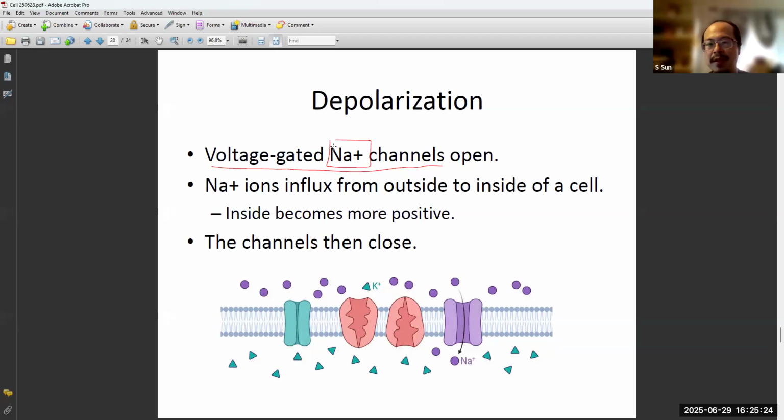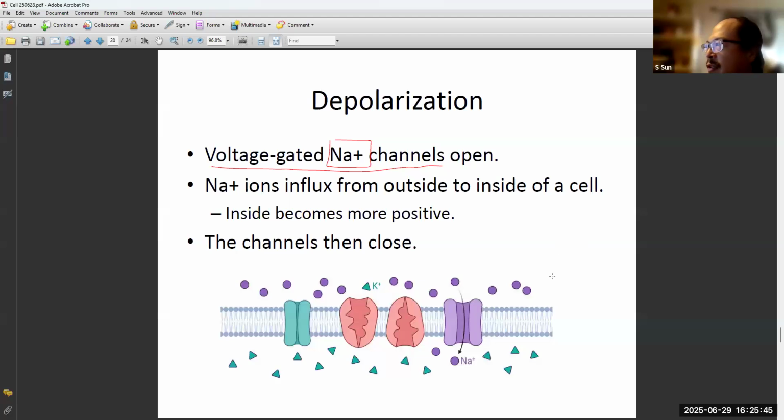All right, so let's review what we have learned. This is facilitated diffusion. A channel, sodium. Sodium will go through by diffusion. Diffusion is the movement of molecules from a high concentration area to a low concentration area.